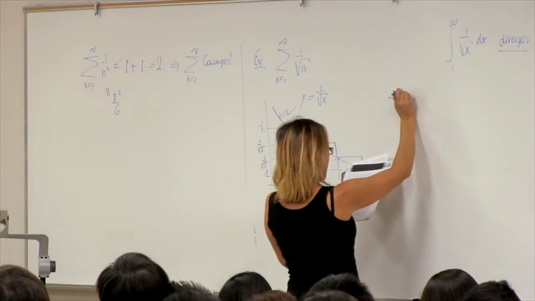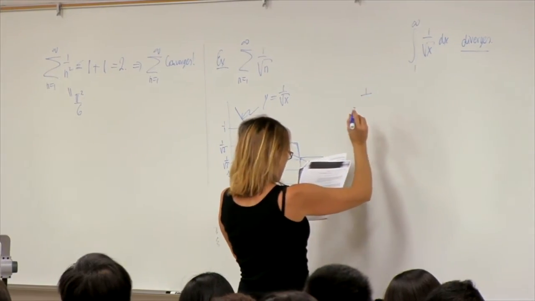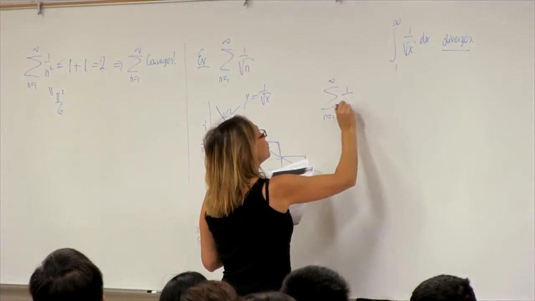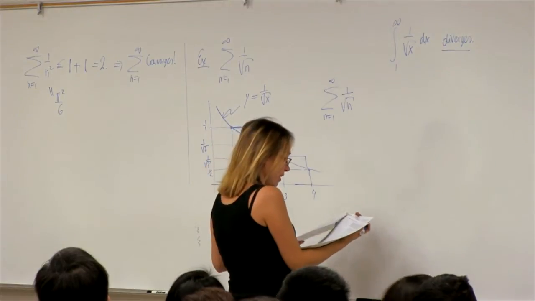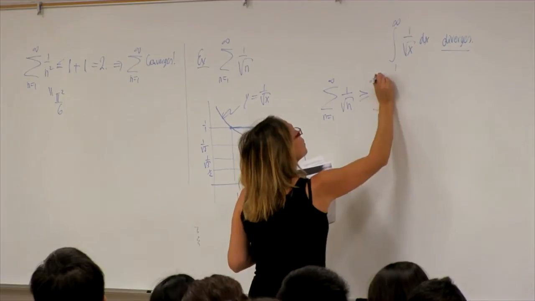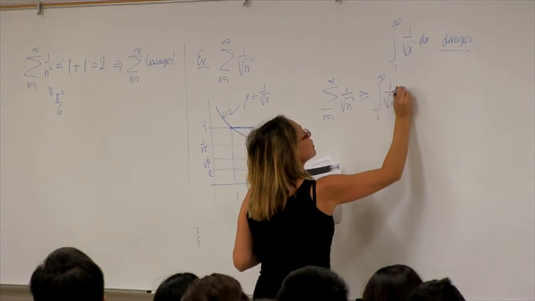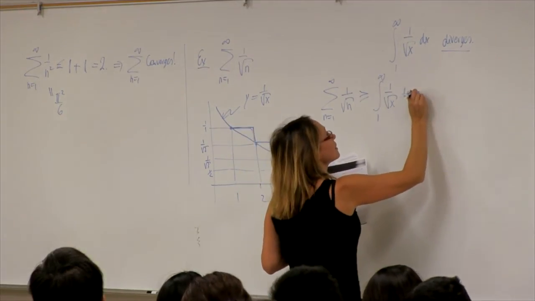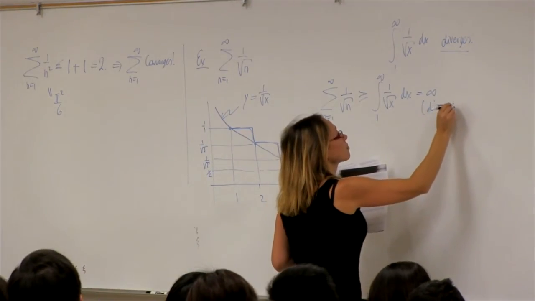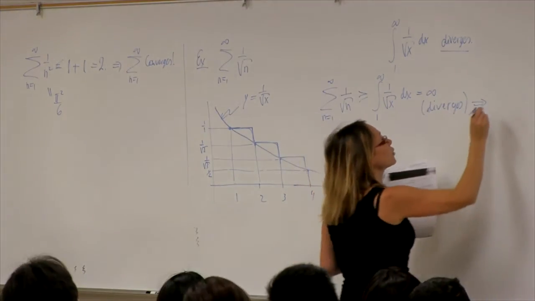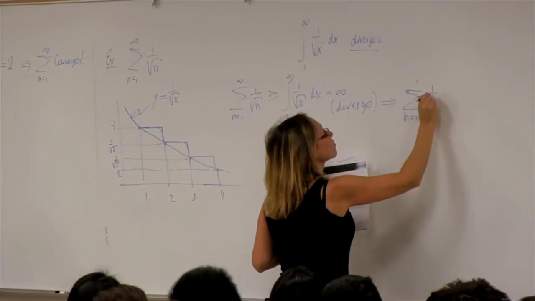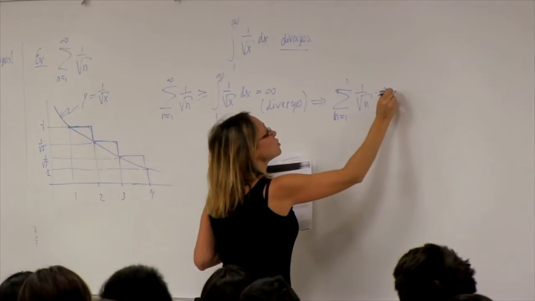Okay, so I can say that the sum of 1 over square root of n is greater than an integral of 1 over square root of x, which is equal to infinity, diverges. Therefore, I conclude that the whole sequence diverges too.